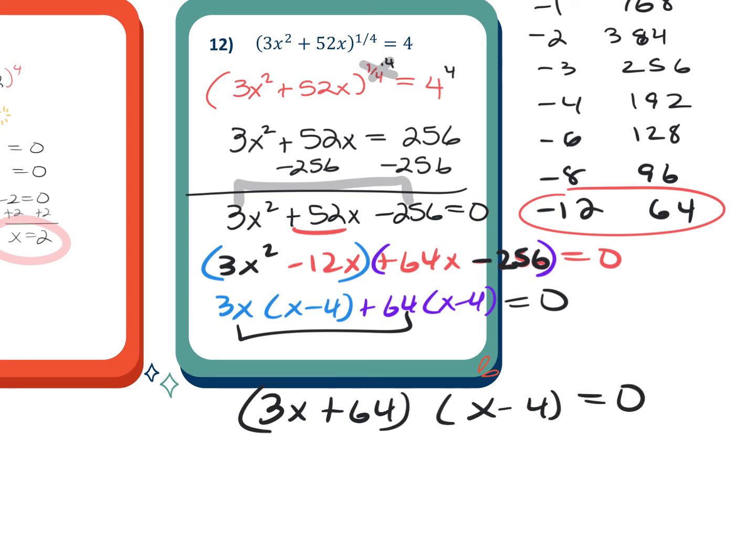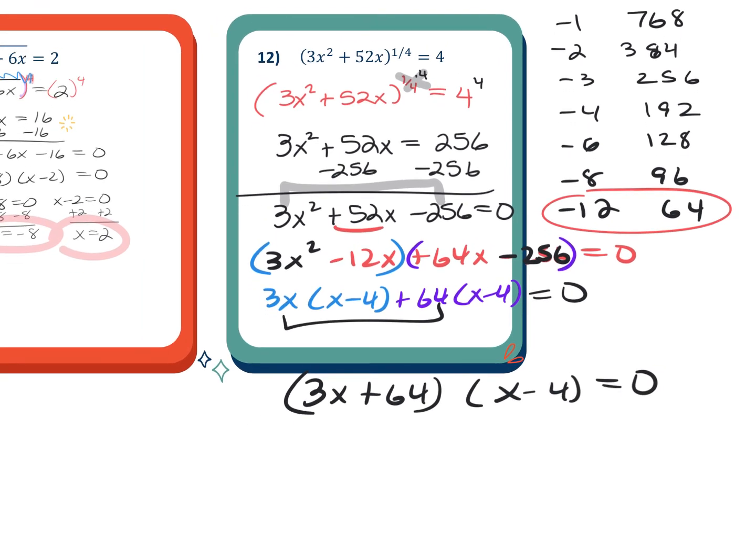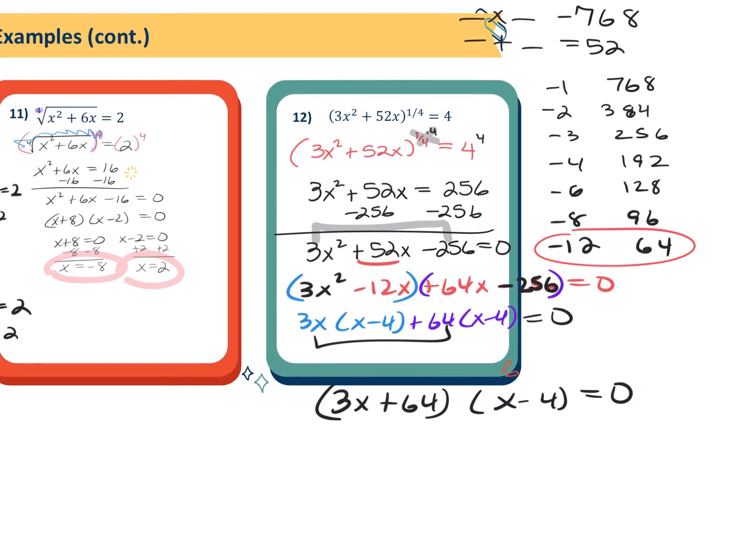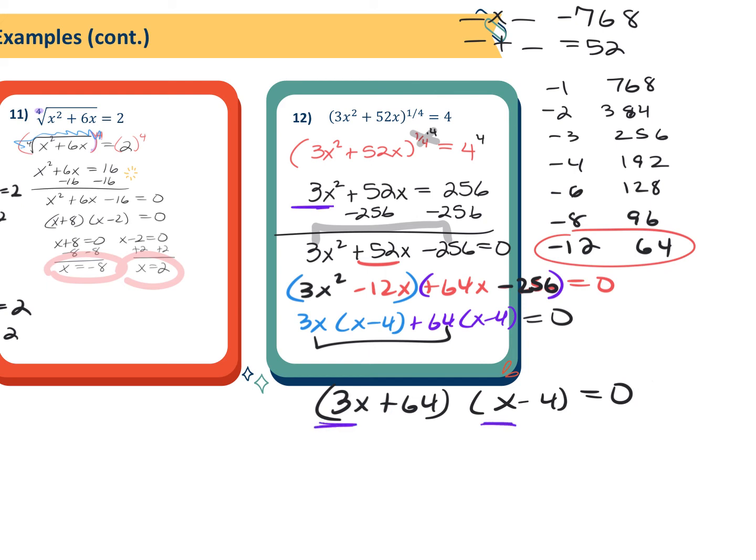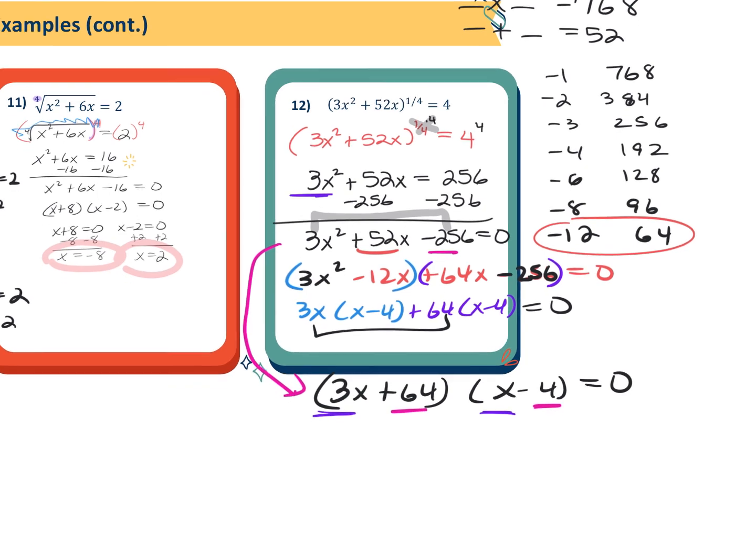Now again, if you would have preferred to guess and test and just do the factors of 3, which were 3 and 1, and then the factors of 256 and then just start foiling until you found the one that worked, you could have jumped from this step without doing the grouping. But if you do guess and test, you got to FOIL it and make sure it does go back.